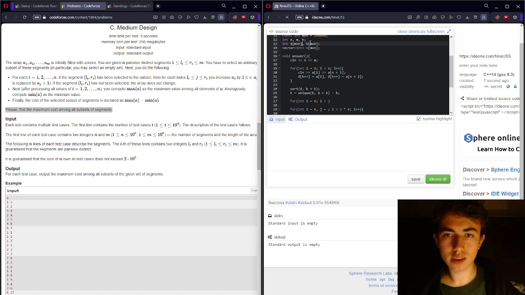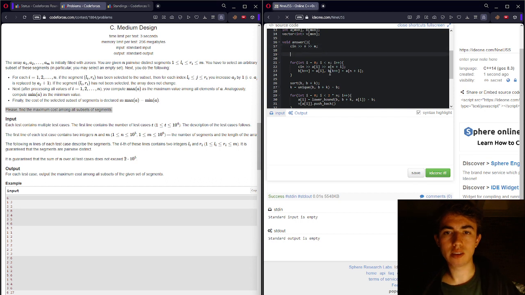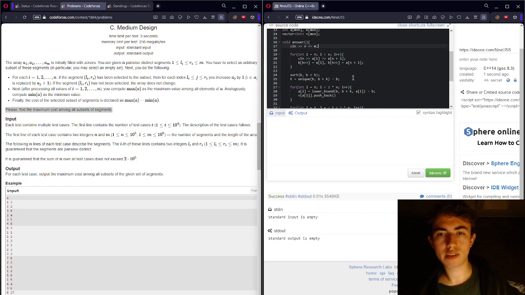Having this be V again. Maybe I should think before I code, but whatever. Now we're compressing A of I to be the lower bound of B plus K. And then we're going to put that, but first we need to clear out the vector as well.